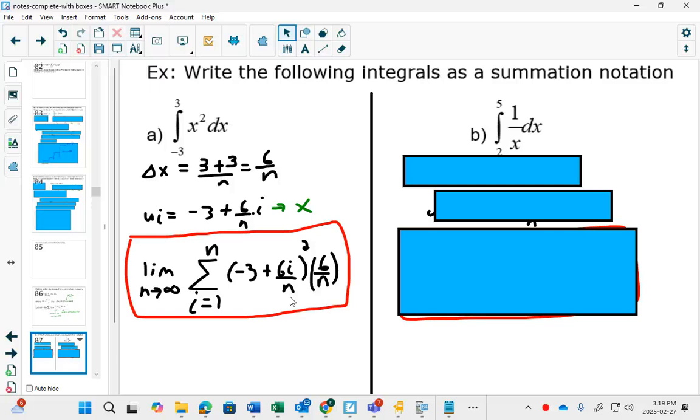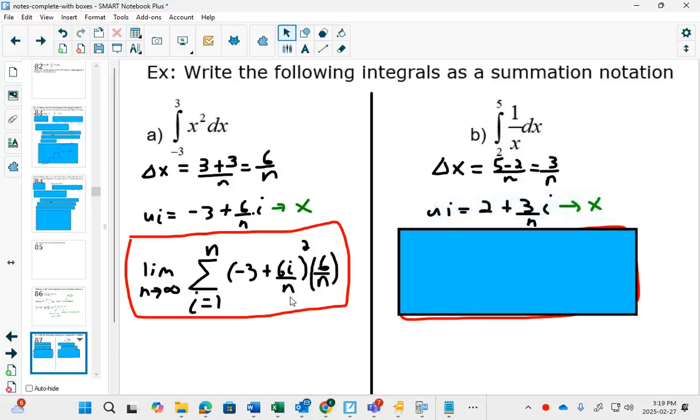So same thing in b. Going from 2 to 5 is a distance of 3, so your change in x will be 3 over n. We're starting at 2, so we go 2 plus, right?